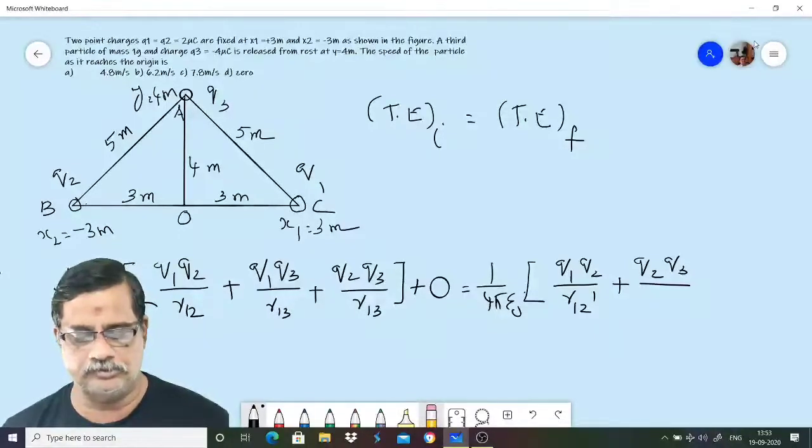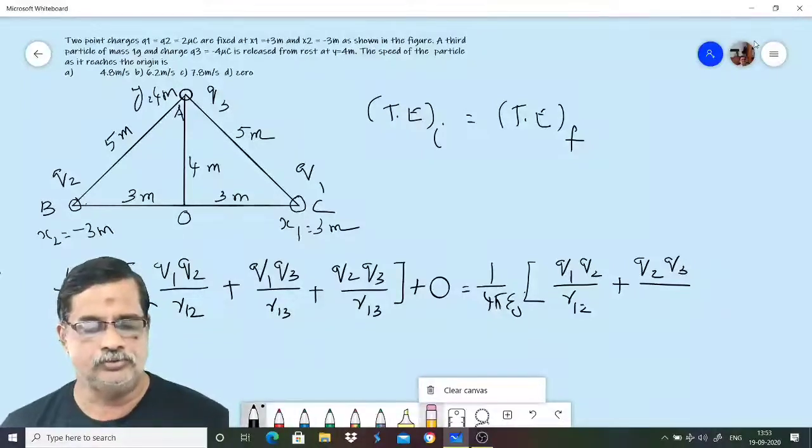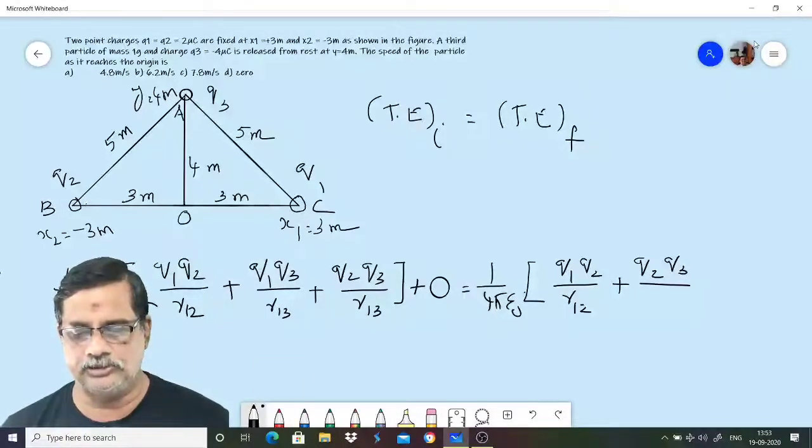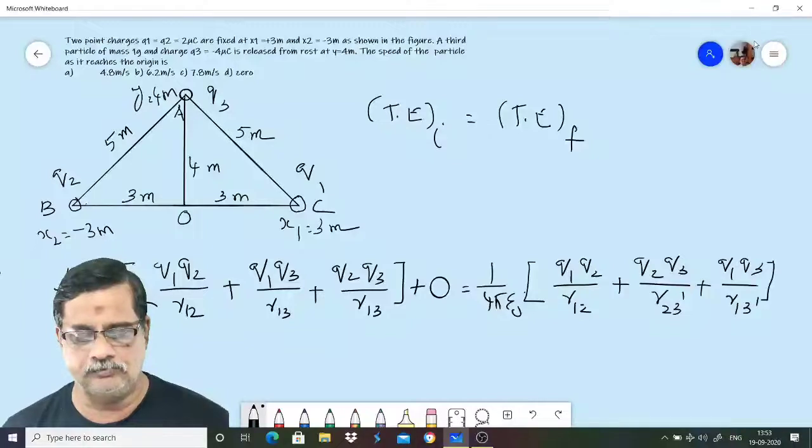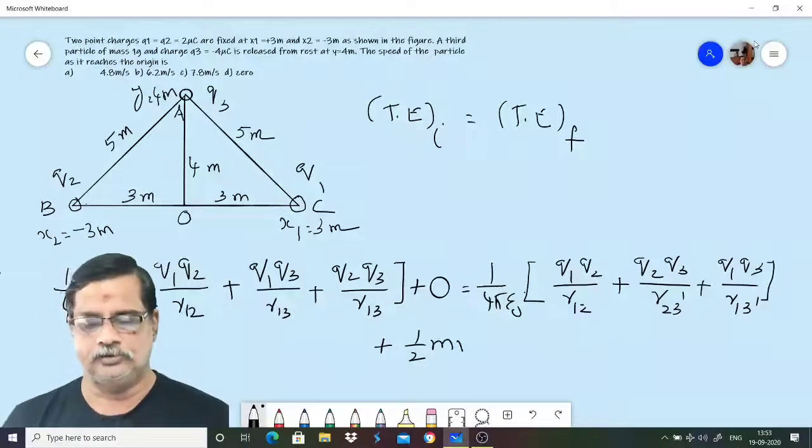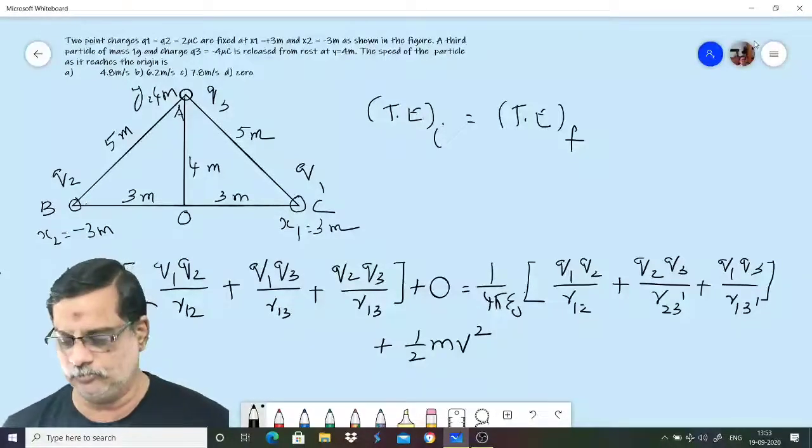This is r12 itself, but the distance to q3 from the other two charges changes. Therefore this is r23 dash plus q1 q3 divided by r13 dash, plus the kinetic energy of the particle of mass 1 gram, half m v square. So this is going to be our equation for solving this problem.